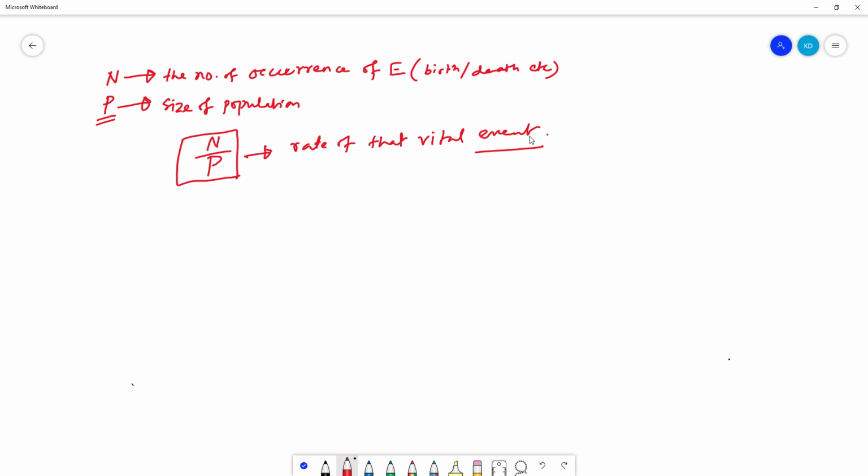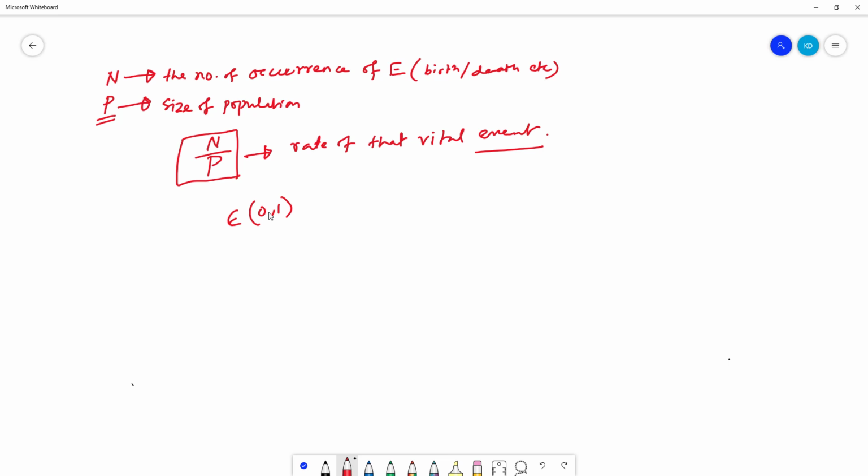Usually the median population size is taken. The rate is a number which lies between 0 and 1. This definition of rate is similar to the classical definition of probability.